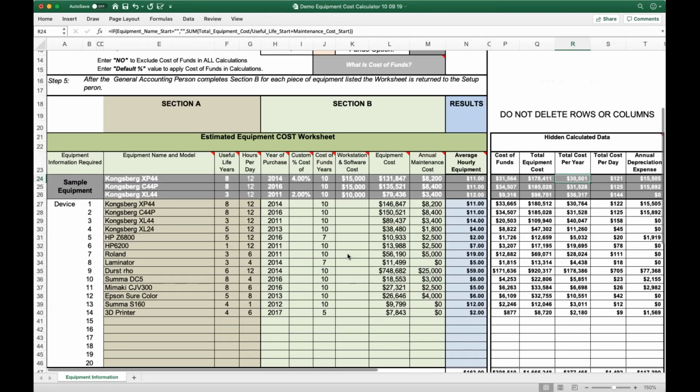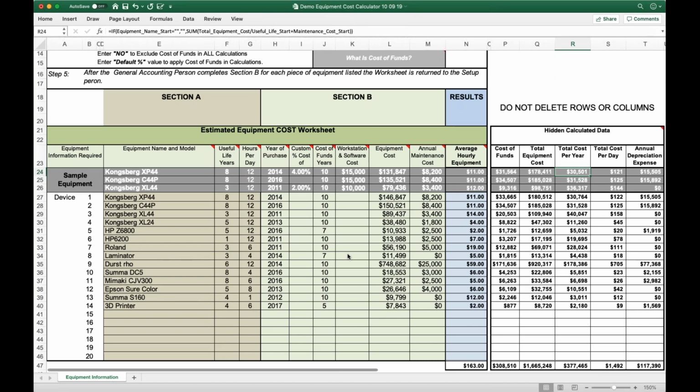And now we've entered in the equipment specific information, 14 different devices. These were the useful life in years. This was the hours per day that the production person said were relevant or appropriate for each of the machines, the years that they were purchased.